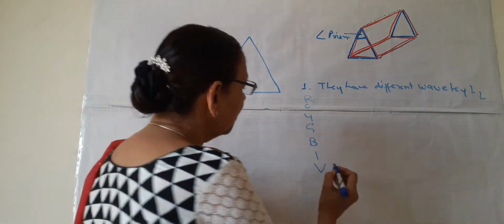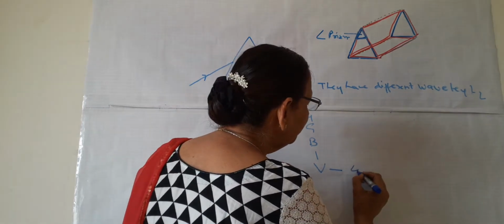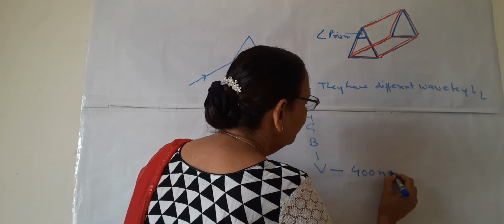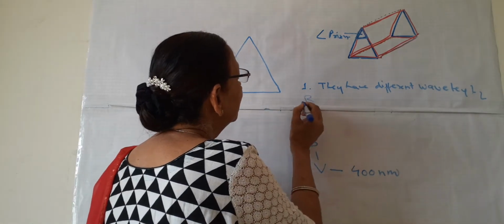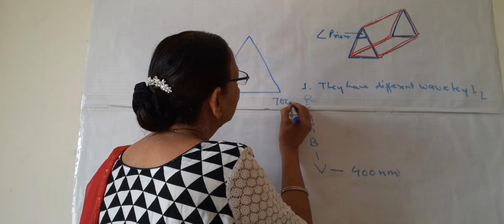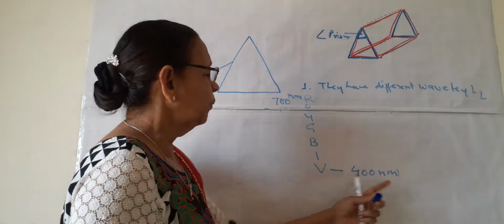And what are the approximate wavelengths? Violet has the minimum wavelength, around 400 nm approximately, and red has the maximum wavelength, around 700 nanometer.